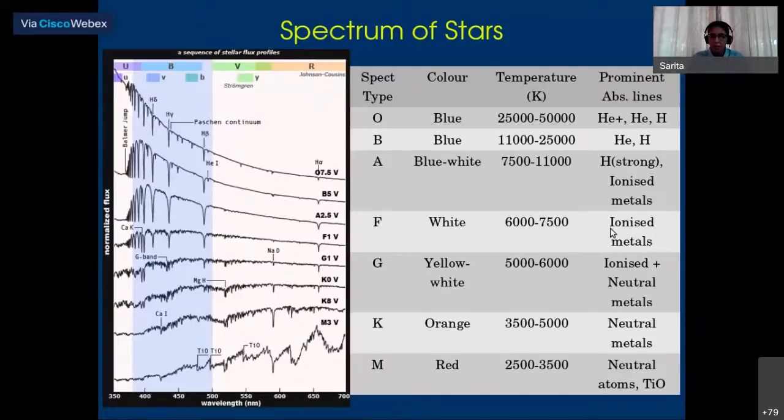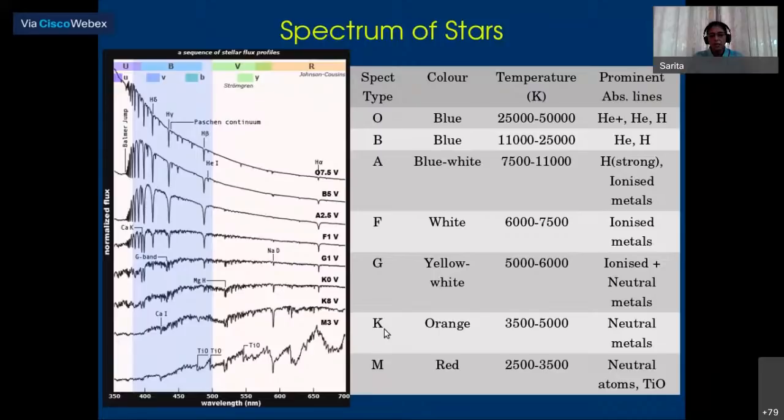So these metals are present, and you can see lines corresponding to these ionized metals. The F-type stars have a surface temperature of 6,000 to 7,500 Kelvin, and this is characterized by these ionized metals. Then you have the G-type stars, like the sun, which is yellowish white in color, with surface temperature 5,000 to 6,000 Kelvin. For the sun, it is 5,800, you can approximate it. It comprises mostly ionized and neutral metal absorption lines.